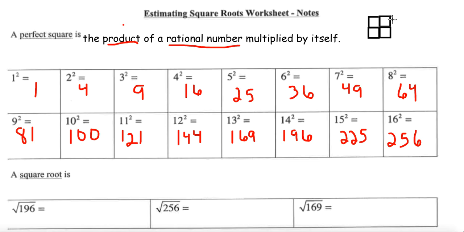A 3 by 3 square, it's a little bit messy and obviously isn't going to look perfect, but you get the idea. A 3 by 3, notice 1, 2, 3, 1, 2, 3, all the same side lengths, is actually 9 squares. So it's called a perfect square. And then the square root would be 1 side length.